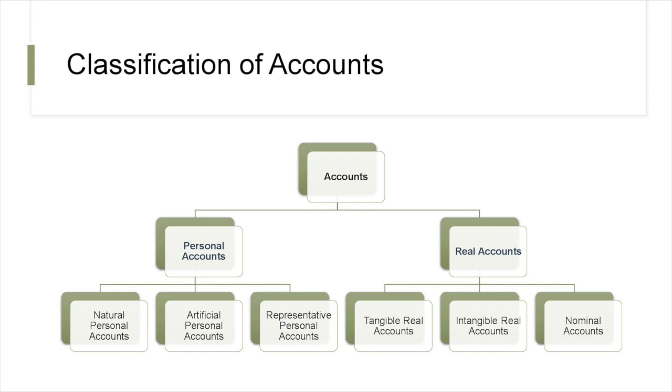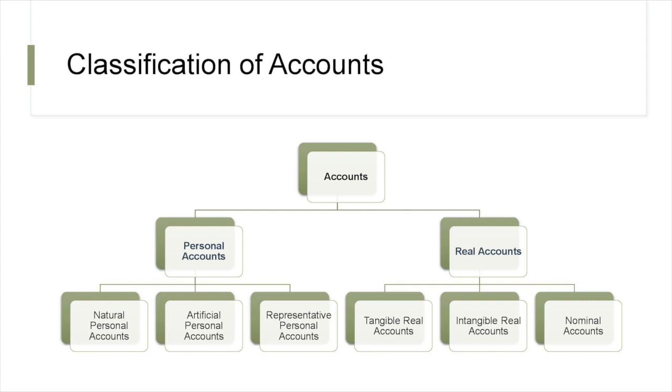But let me first tell you about the tangible real accounts. As the name suggests, tangible accounts are those in which the assets can be touched. For example, these accounts are made for assets which can be touched, such as plant or machinery or furniture or stock or cash or many other things. All the assets which can be touched can be classified under tangible real accounts.